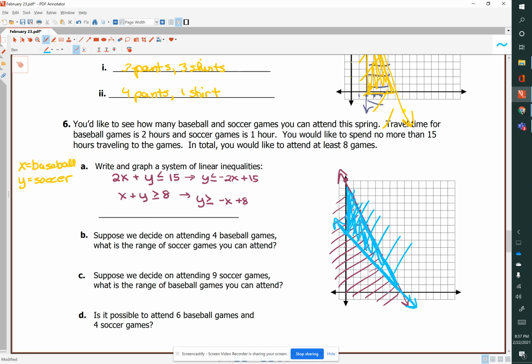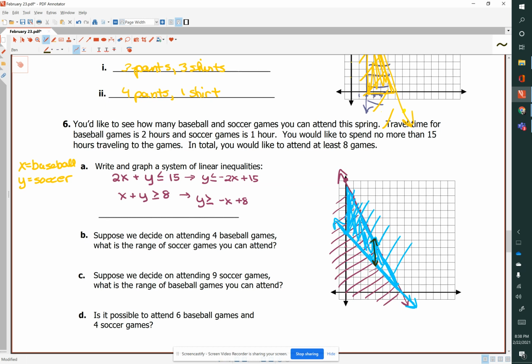So if we're attending 4 baseball games, 1, 2, 3, 4, we cannot count a portion, okay? We need whole numbers only. So we can attend between 4, 5, 6, 7. We can attend between 4 and 7. So let me use another color. There's our range right there.